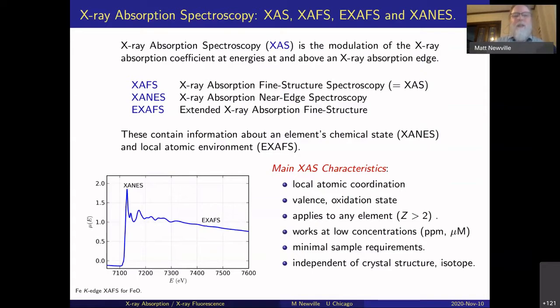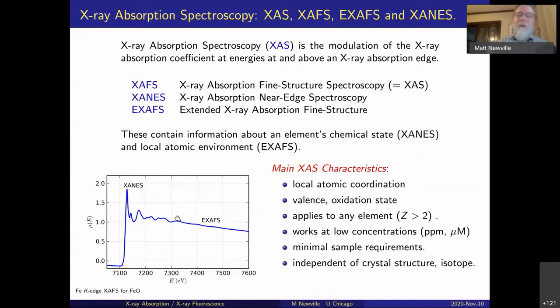These all are concerned with the energies just above the threshold energy for an atom, where the X-ray absorption coefficient is modulated by the neighboring atoms around that absorbing atom. So here's the iron K-edge XAS for iron oxide, which we'll beat to death this morning.